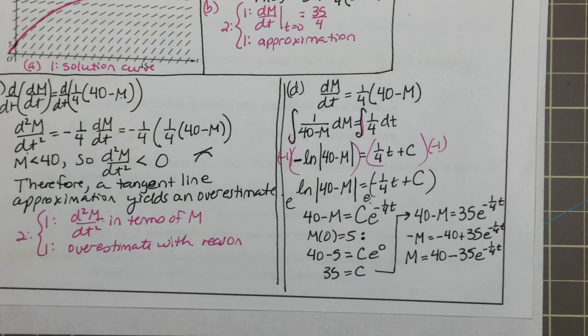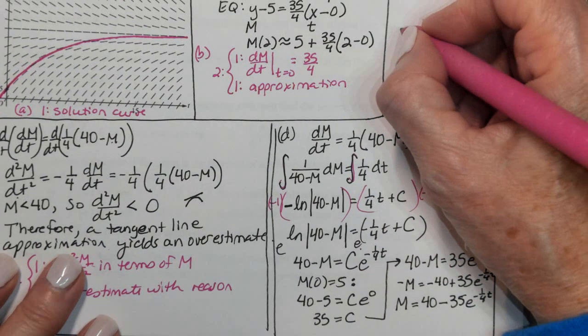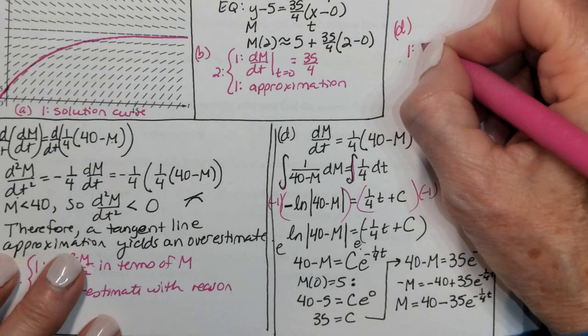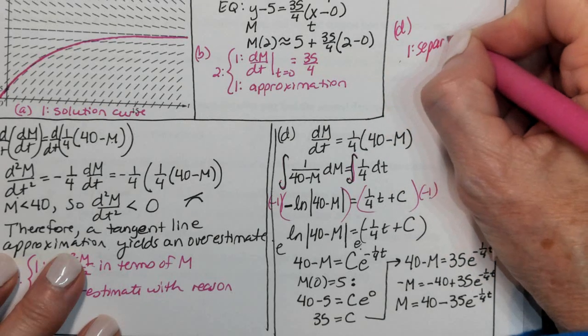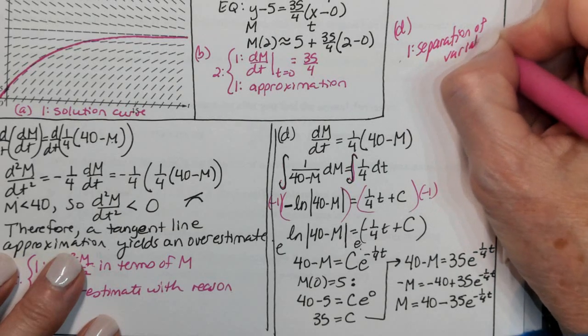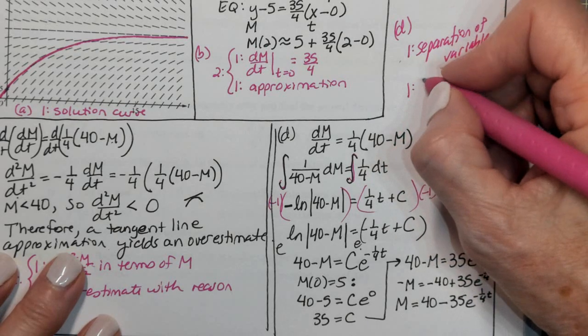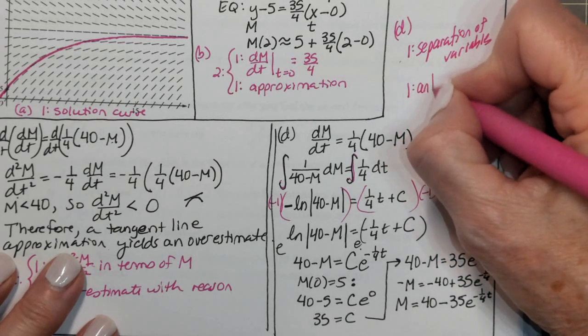This part was worth 4 points. 1 point was for separation of variables, always your first point on these. 1 point was for your antiderivatives.